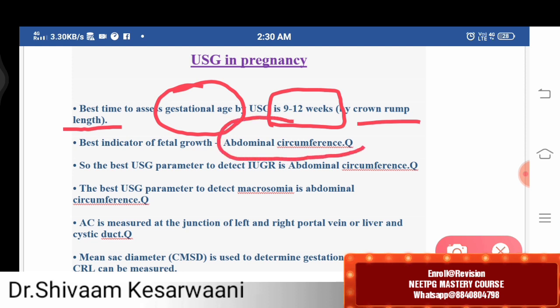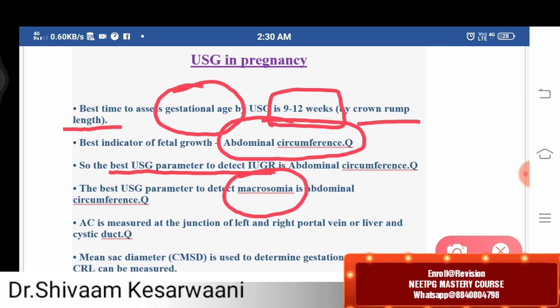The other important thing regarding this USG analysis is the abdominal circumference. So back to back 3 MCQs from abdominal circumference: which is the best indicator for fetal growth, which is also the best USG parameter to detect IUGR, which is also the best USG parameter to detect macrosomia.